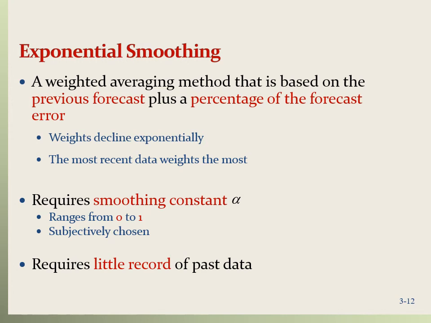You need to have your previous forecast and the error associated with that. In exponential smoothing, weights decline exponentially, as we're going to see in an example. And also, the most recent data weighs the most. So that's a note to know about exponential smoothing.